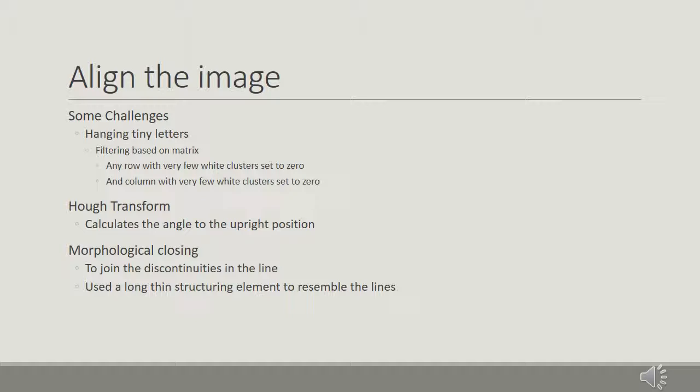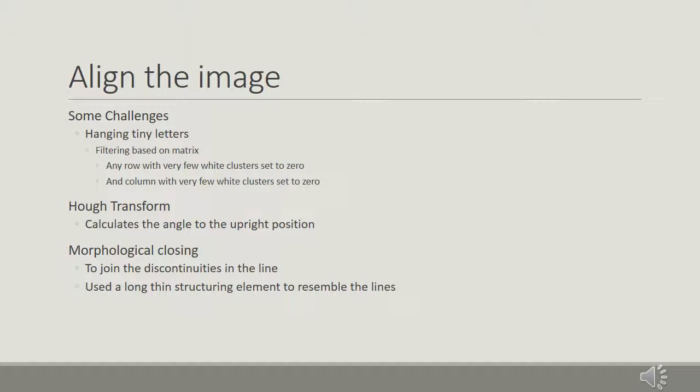Alright, now by this step we need to align the image. I already explained why we need to align it. Before we go into aligning, we face some challenges. I faced some challenges before in the previous tab. Two of those were those hanging tiny letters on the bottom of the image. Now to get rid of that, we need to apply the filtering based on matrix.